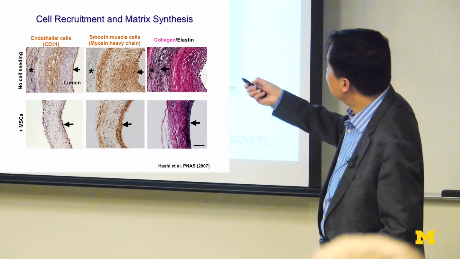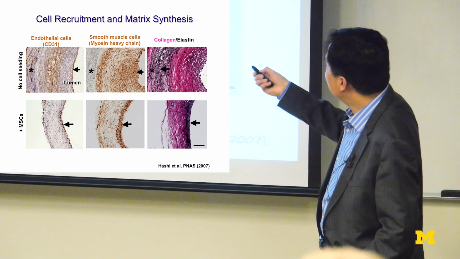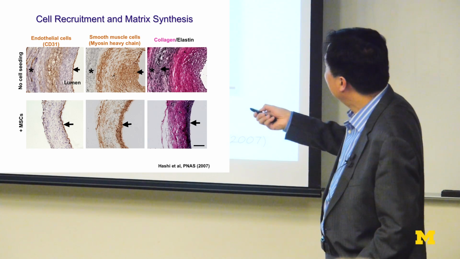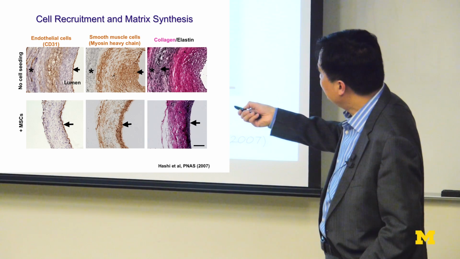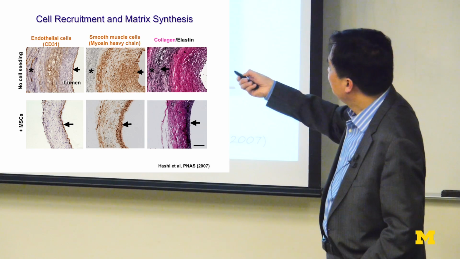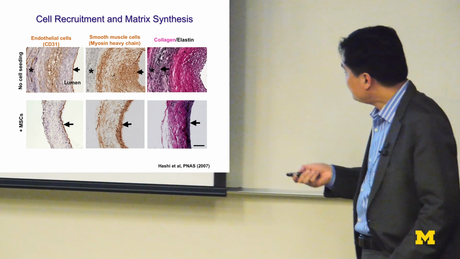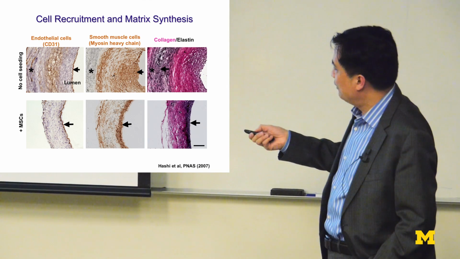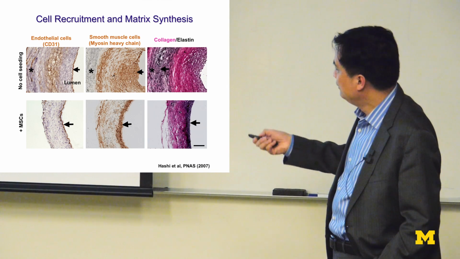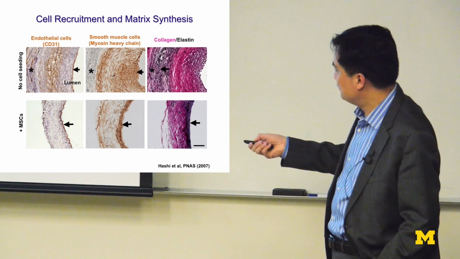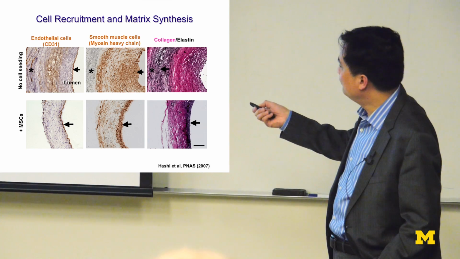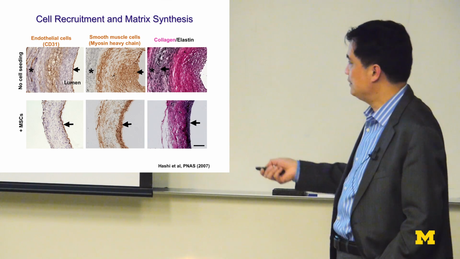Here it shows if you don't have cell seeding, endothelial cells, smooth muscle cells are staying all in a brown color. Here is the polymer surface. In this part, you can see this neointima formation and the narrowing of the lumen. And when you have mesenchymal stem cells, you have very nice endothelial cell layer. And underneath, you have a very nice smooth muscle cell layer. And you also have well-organized collagen and elastin synthesis.